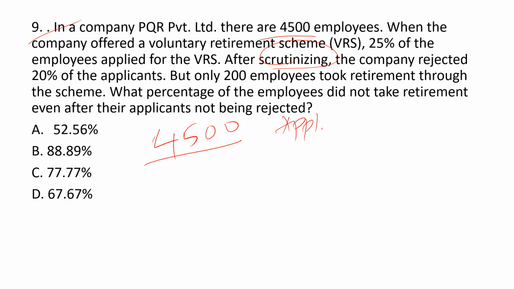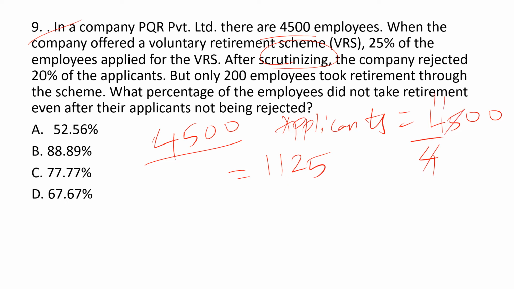So clearly the total number of employees is 4,500. Total number of applicants is equal to 25%, which is 1/4 of the 4,500. 25% is 1/4. 1/4 of 4,500 is equal to 1125. 4 elevens are 44 and left with 100. 1125 is the total number of applicants.